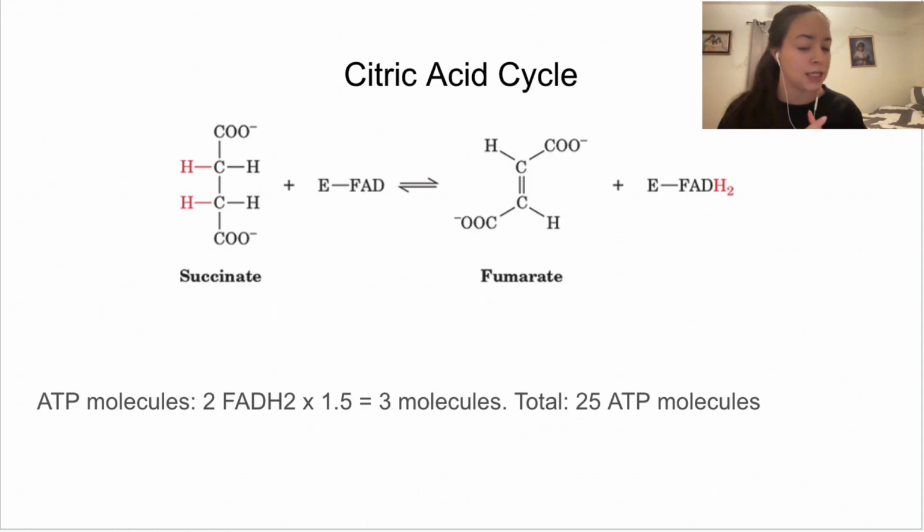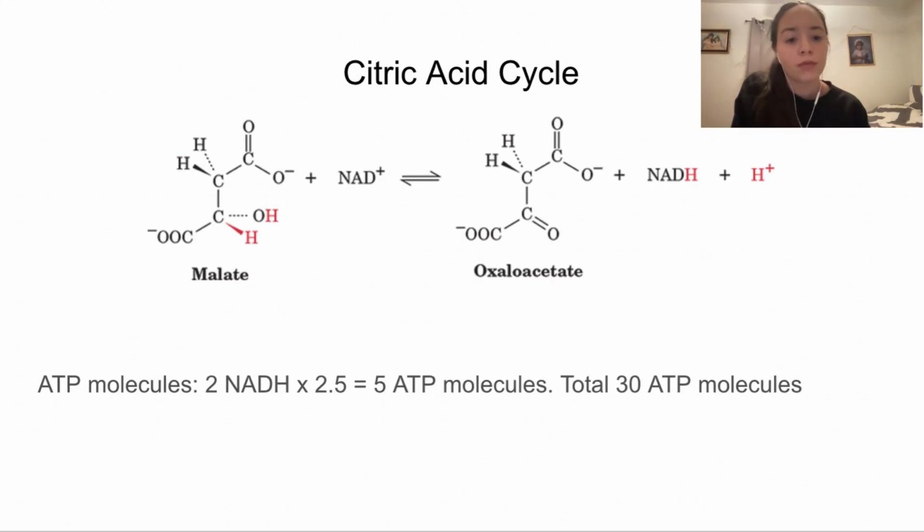Then in step 6, succinate is turned into fumarate with the help of succinate dehydrogenase, which yields two molecules of FADH2. Finally, in step 8, malate dehydrogenase converts malate into oxaloacetate, where the cycle can start all over again, and this yields us two molecules of NADH, which leaves us with a grand total of 30 ATP molecules.